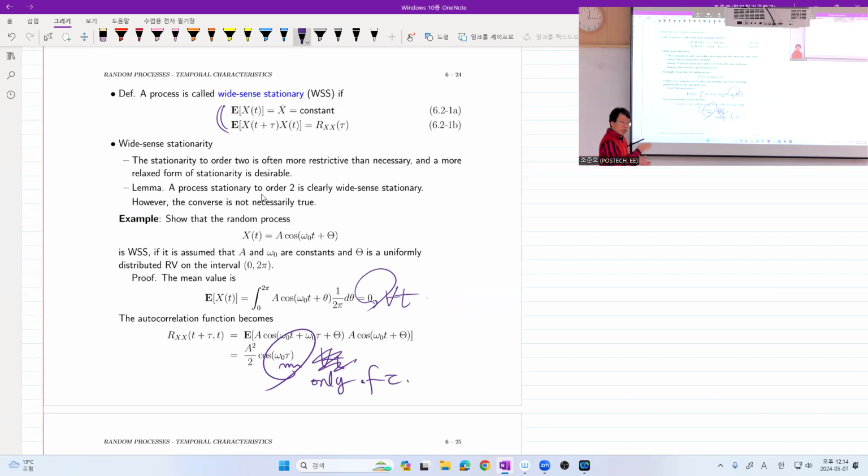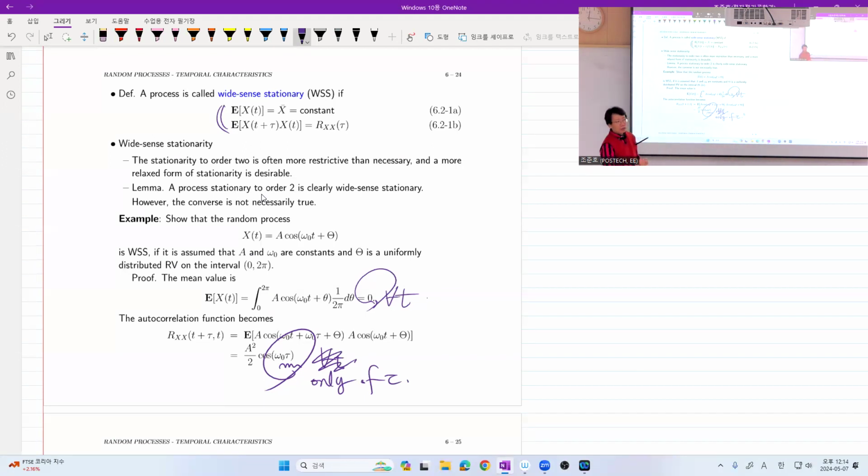Is it interesting? Each sample path is a cosine function, but the random process is wide-sense stationary. So you feel that this wide-sense stationarity is not a good definition in some sense, right? And you are right. Wide-sense stationarity has limitations.